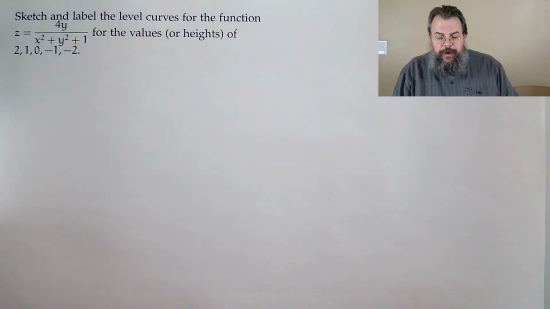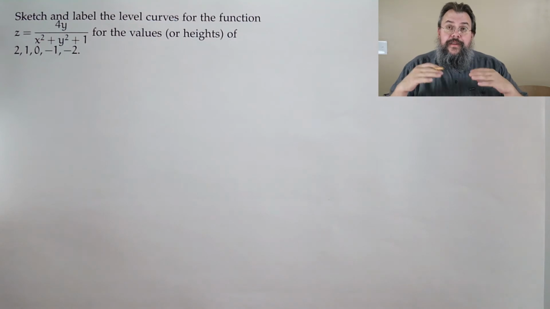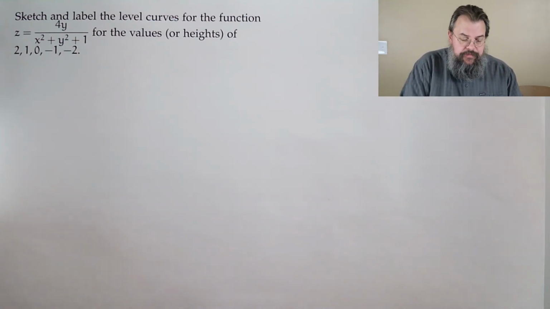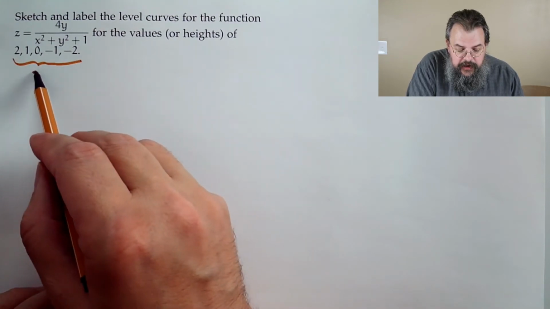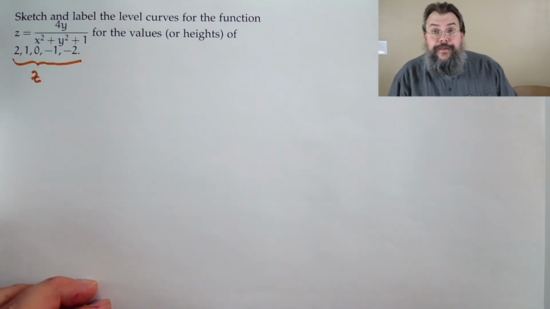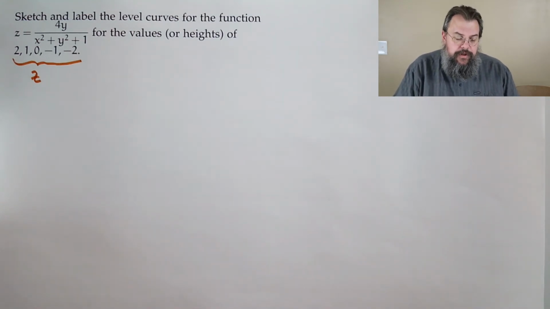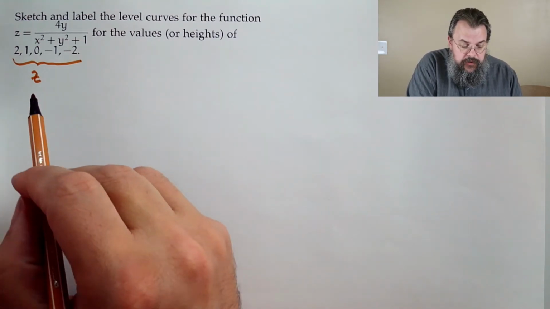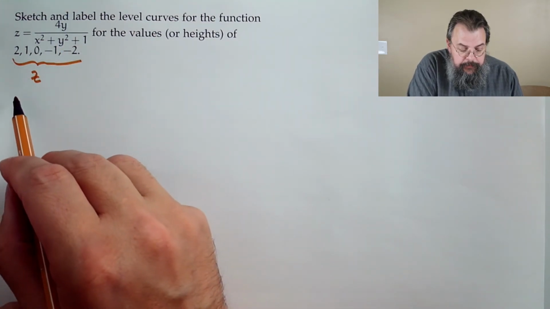All right. Well, it should be a little bit more interesting, I suspect. Let's figure it out. The process is the same. You see, these values here, these are our z values. And we say, okay, so what do we do? Well, we simply set our function equal to each one of them and simplify.